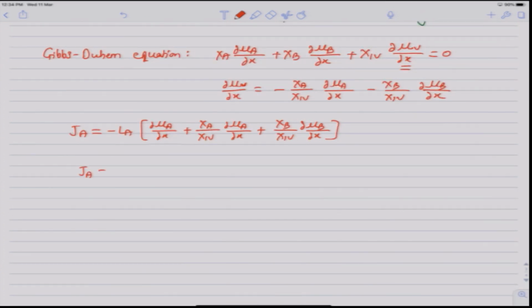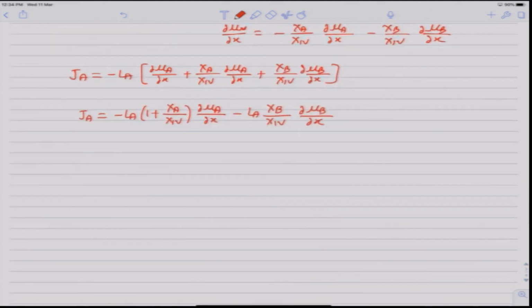And so Ja can be expressed as a function of chemical potential gradients of both the components A and B. It will be minus La times 1 plus xa over x1V dou mu A by dou x minus La times xb over x1V dou mu B by dou x. And so we can in general express this as Ja equal to minus Laa dou mu A by dou x minus Lab dou mu B by dou x.